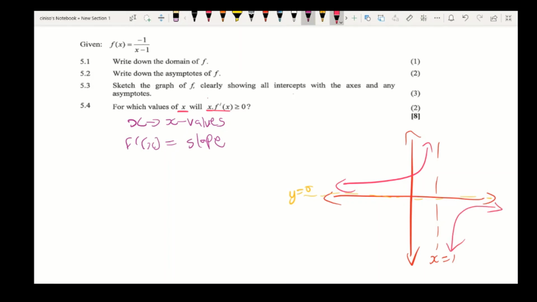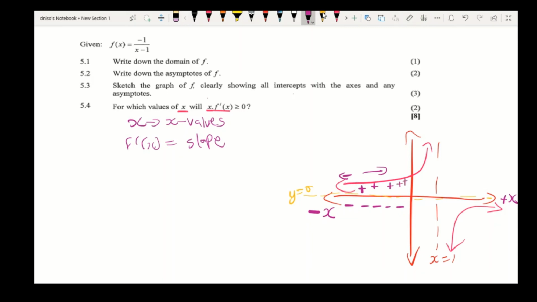So what we need to look at is the x values. Here on this side we have negative x values, and here we have positive x values. In the negative x values, every x here is negative. Looking at the function from the left-hand side going to the right-hand side, the function is increasing, meaning that the slope is positive on this side.